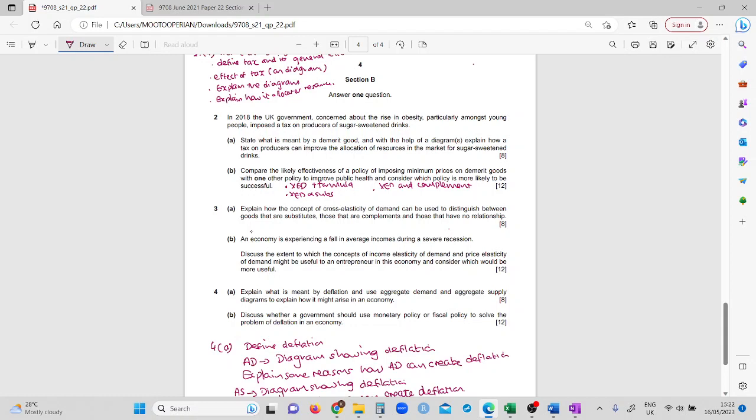So before starting, the question is, we have to explain to what extent are the concepts useful to the entrepreneur. So firstly, we'll define the YED. Here it is not necessary to provide the formula. Okay, you just define your YED, income elasticity of demand.